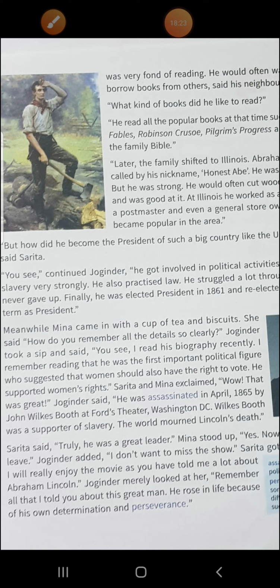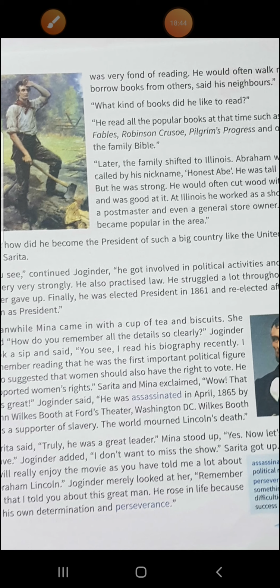So with all this good work he was doing, we cry when someone like him dies. All right. Then see, I am reading the last paragraph. Sarita said, "Truly, he was a great leader." And Sarita said that yes, he was a great leader.